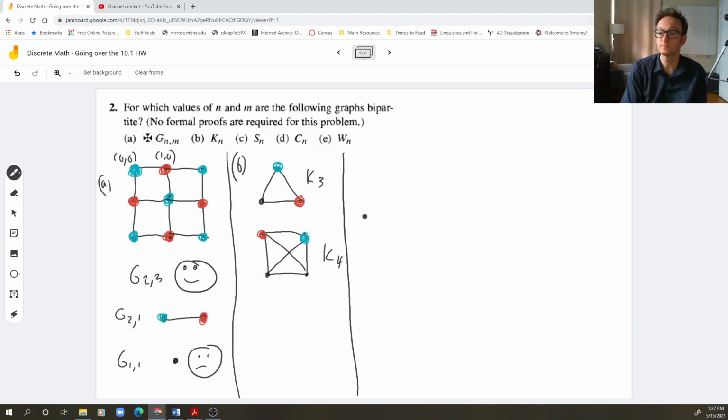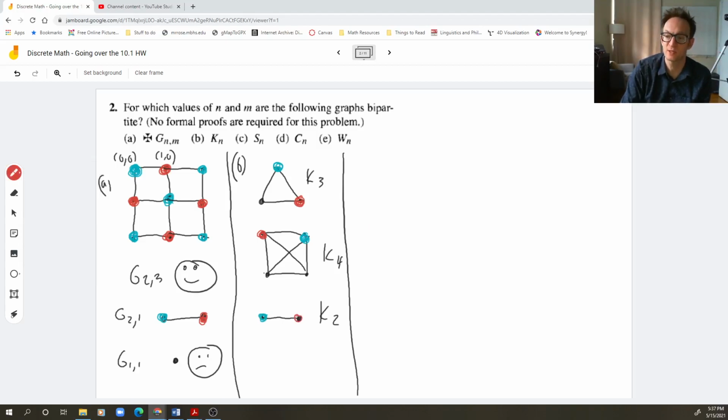Okay, so what's the answer to this part B? I suppose we should consider K2, which is worth mentioning. What is K2? It's the complete graph with 2 vertices. Kind of dumb, but if there are only 2 vertices, then the only thing you can do is put the edge between them. So this will be bipartite.